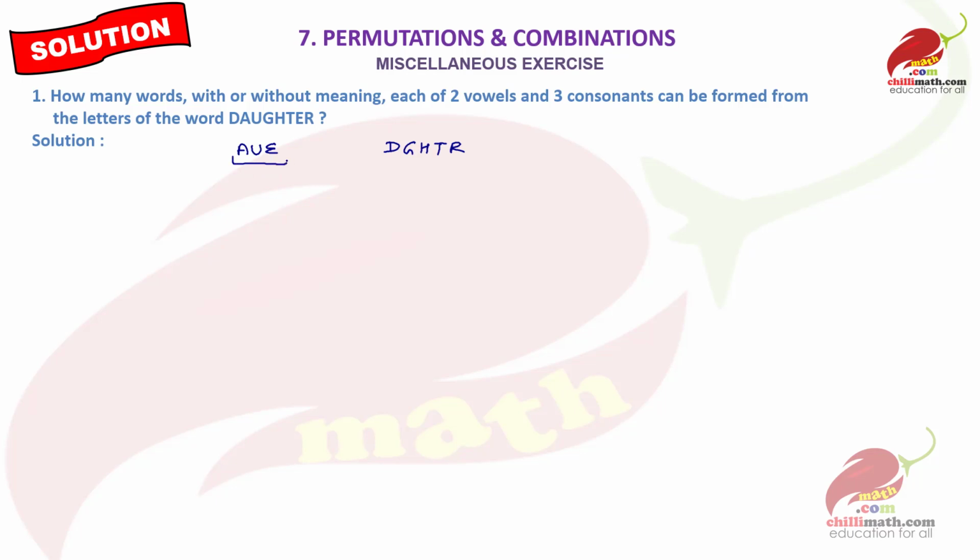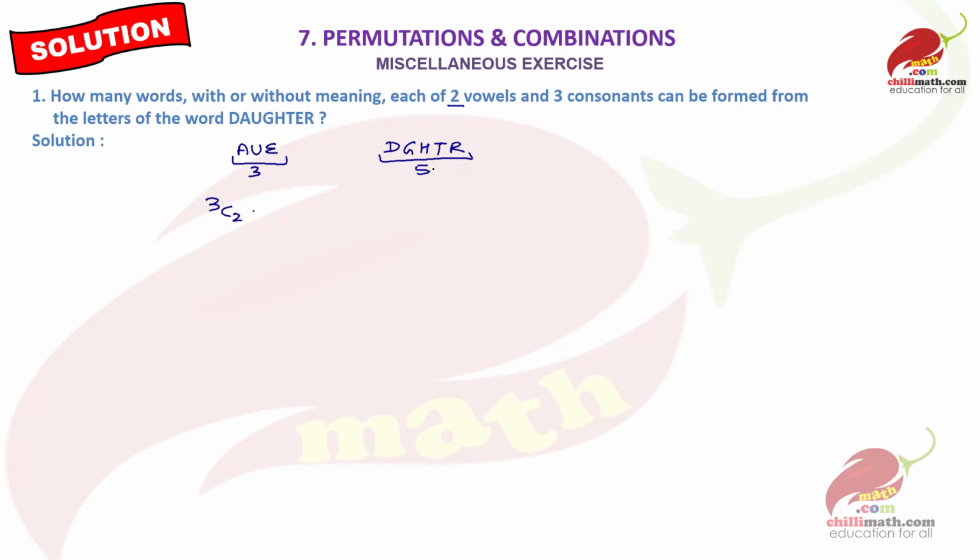So you can see we have 3 vowels and 5 consonants, out of which we have to take 2 vowels. Out of 3 we need to take 2 vowels, so that can be taken in 3C2 ways.